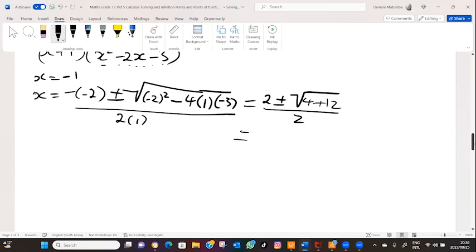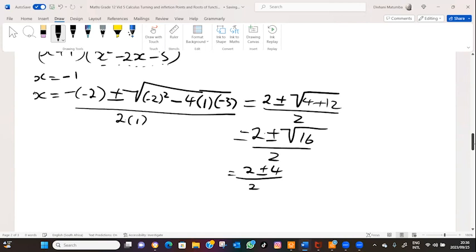So it will be 2 plus or minus the square root of 16, and the square root of 16 is 4. So it will be 2 plus or minus 4, all over 2.